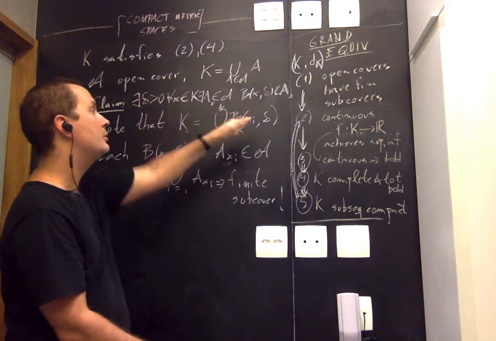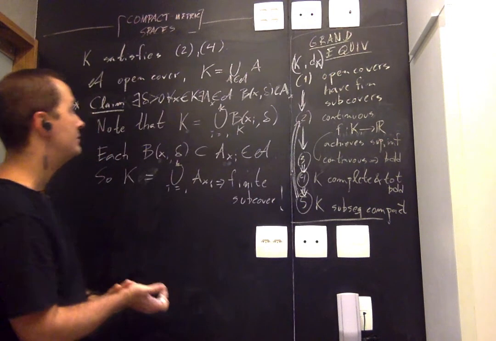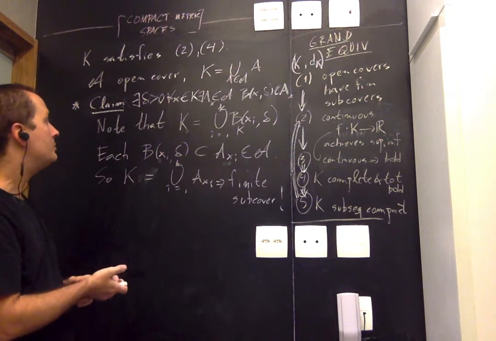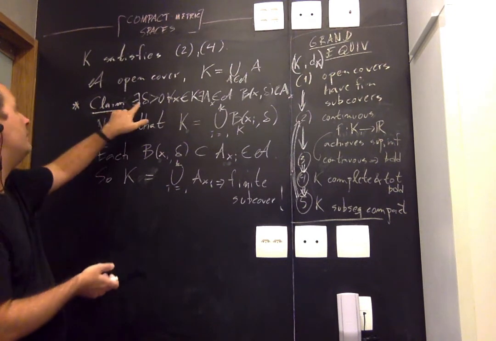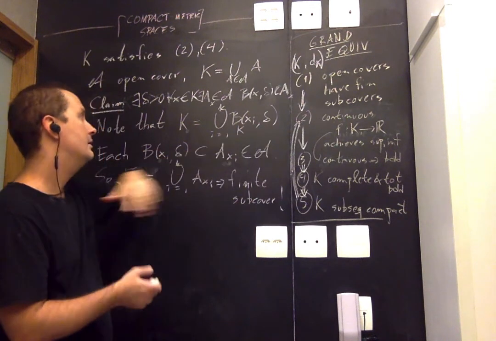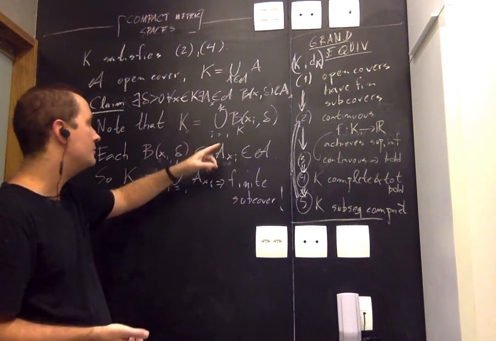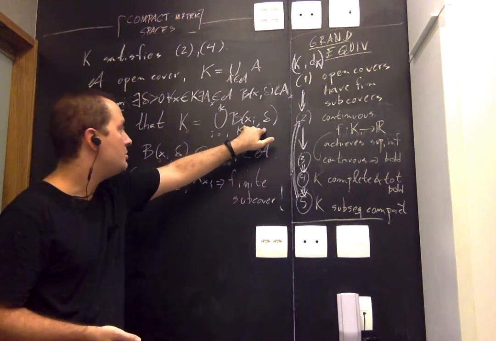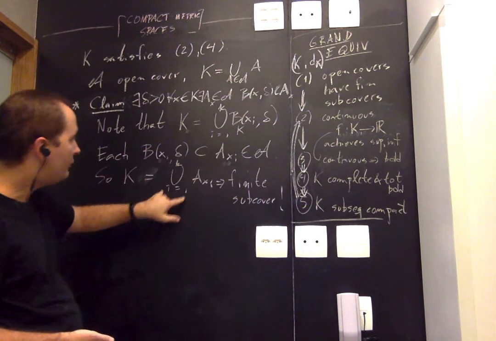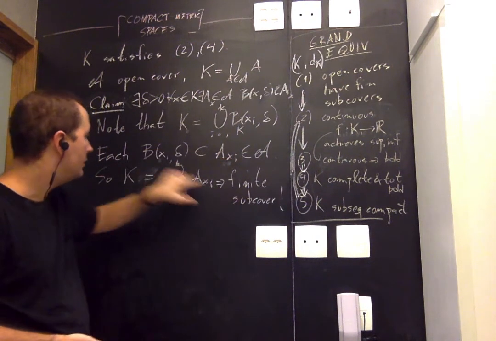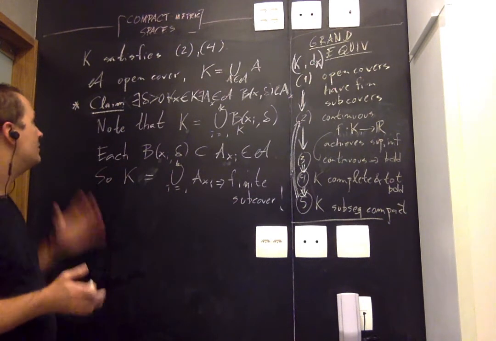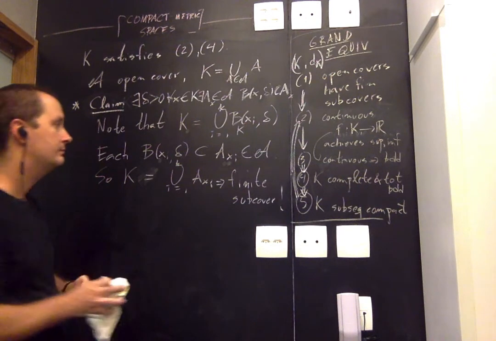There's a delta that's a lower bound for the largest radius for all x simultaneously. But how do we prove that? Hopefully this is clear: if the claim is true, then I can cover K by finitely many open balls of radius delta, or finitely many closed balls of radius delta over 2. Each one of these balls is covered by one set in my open cover, and therefore finitely many open sets from my open cover cover the whole space K. And we're done. So if the claim is true, everything follows.